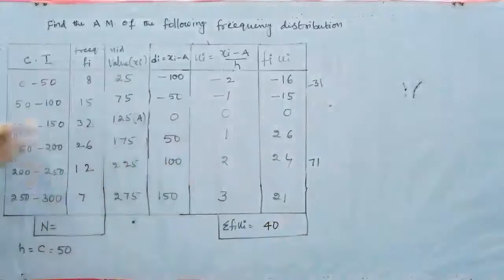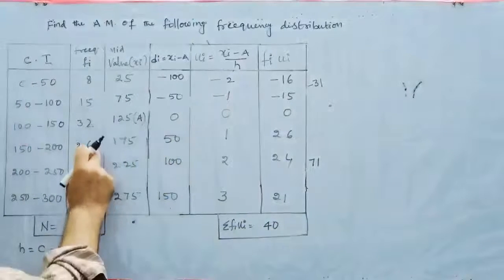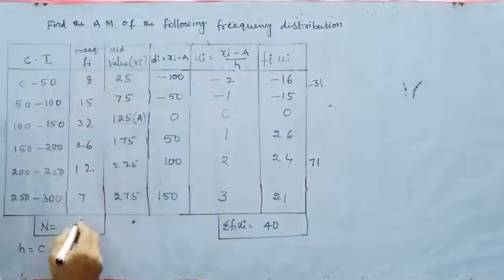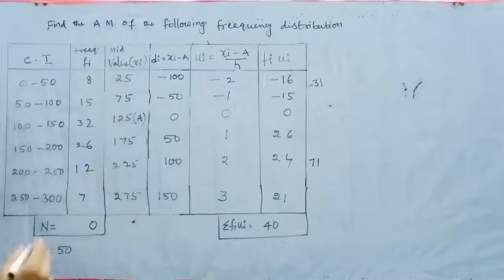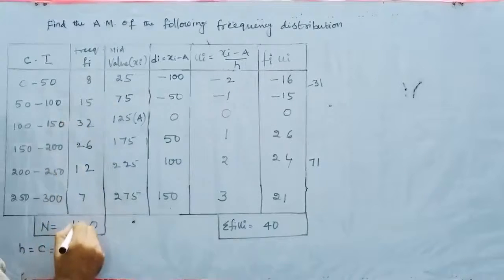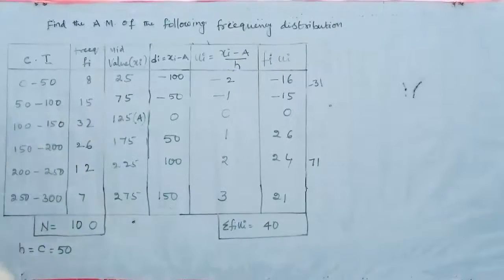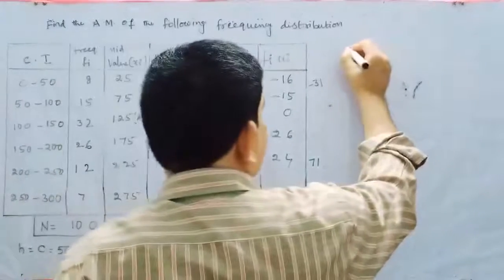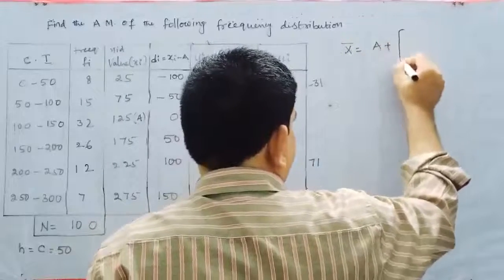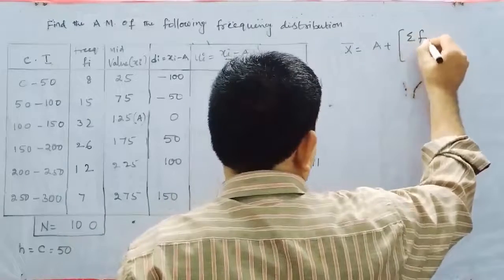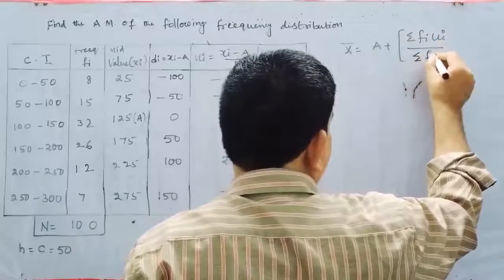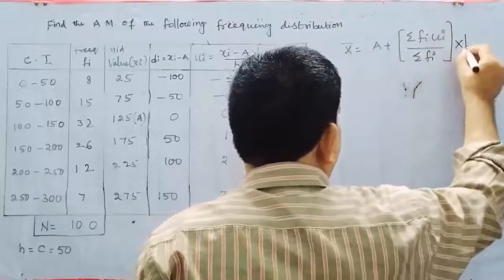Now n is equal to 7 plus 2, 9 plus 6, 15 plus 2, 17 plus 5, 22 plus 8, 30, 3 plus 1, 4 plus 2, 6 plus 3, 9 plus 1, 10. So n is equal to 100. Now use the formula x bar is equal to a plus (sigma fi ui by sigma fi) into h.